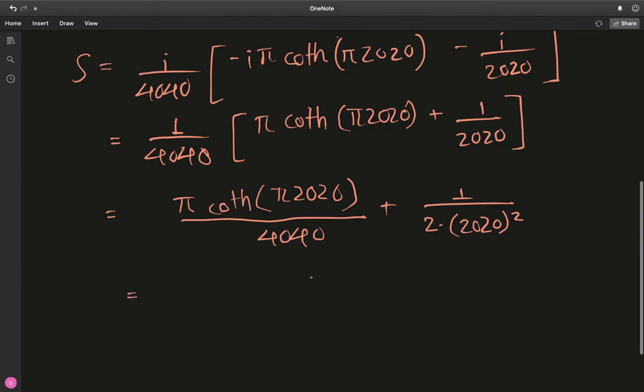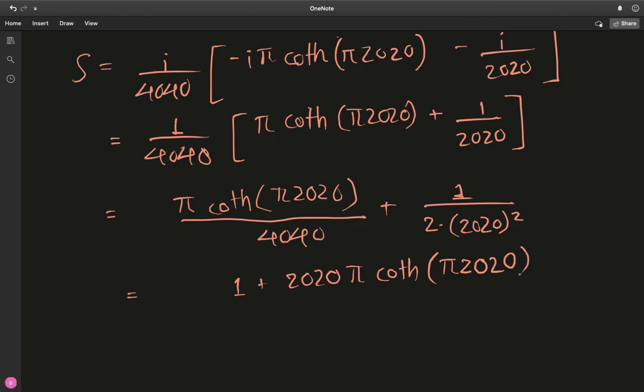And when we take common denominators, we have 1 of this fraction plus 2020 pi times coth of pi times 2020 divided by the common denominator, which is going to be 2 times 2020 squared.